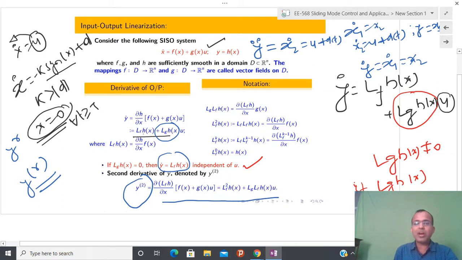Once this term does not appear, I have just the term LfHx, and due to that I have dou LfHx by dou x, and dx by dt, and dx by dt I know is fx plus gx into u. And using this notation I have written here, whenever I have 2 times Lf into H, this is the notation I am going to write.